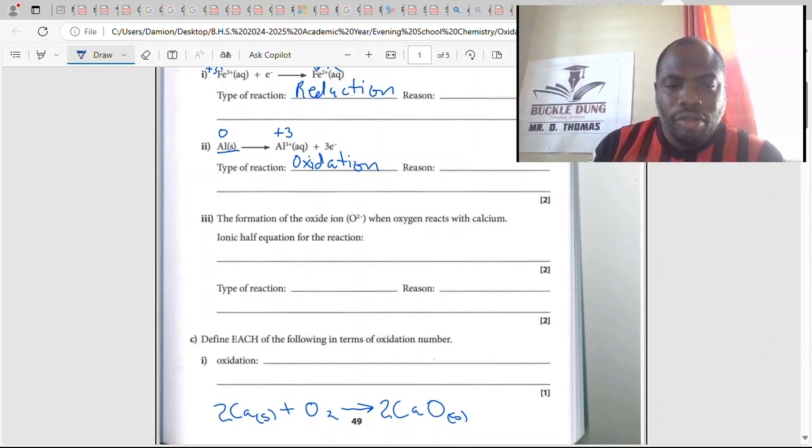So we know on this side, the oxygen would have been an O2. Over on that side, remember we are focusing on oxygen. If you have never been to any of the ionic equation classes, I have not taught you ionic equations.